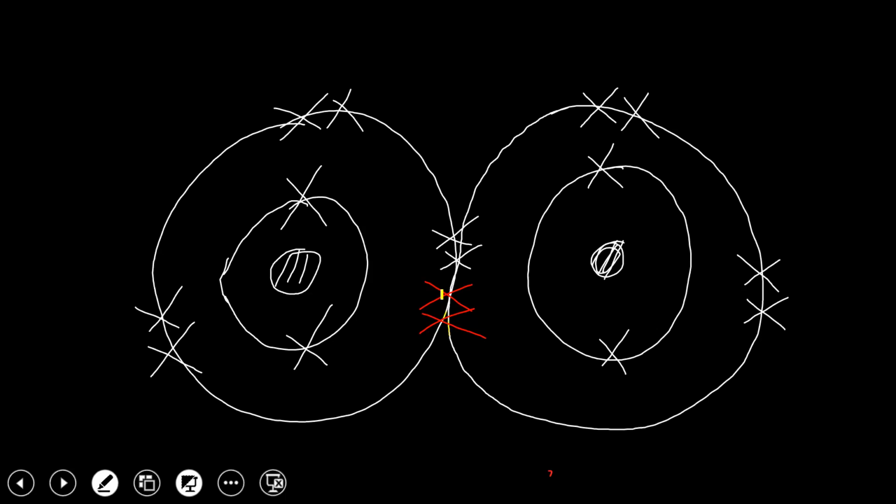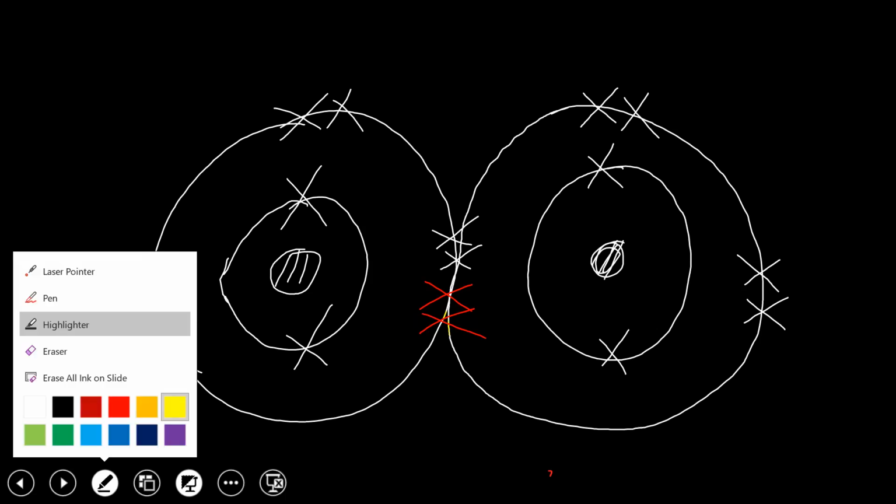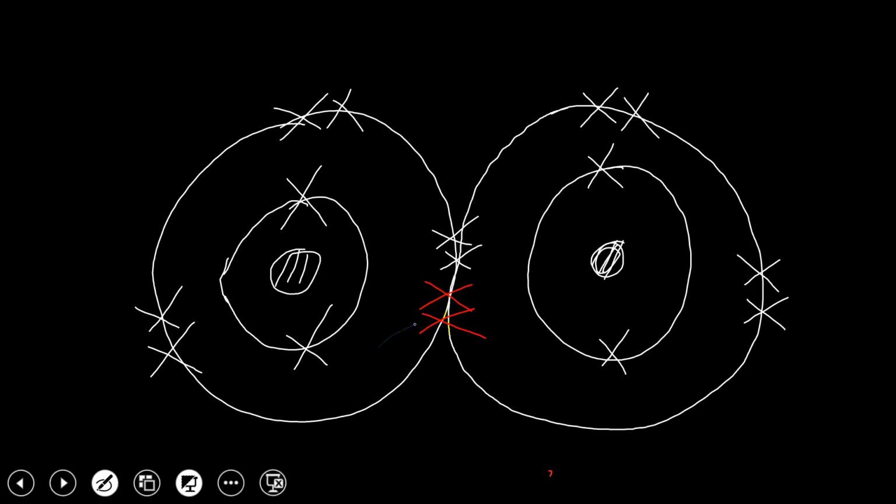Let me use this pen here. When you count, you're going to get 1, 2, 3, 4, 5, 6, 7, 8. Also, when you count this side, you get 1, 2, 3, 4, 5, 6, 7, 8. So that's how they share those electrons.